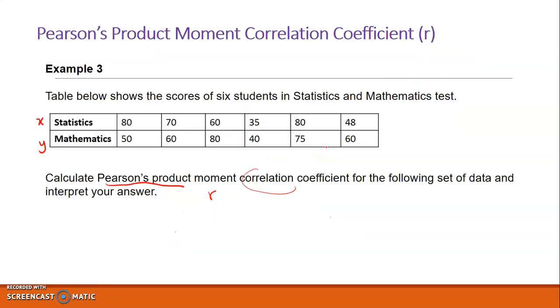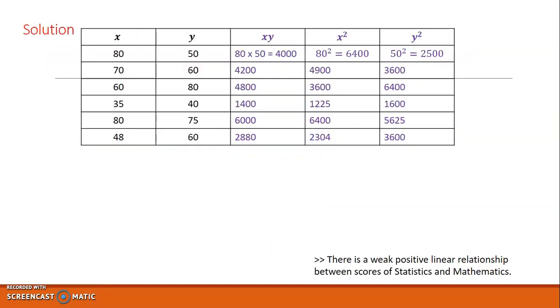From this table, this is the original table from your question, x and y. In your table, please add another column for xy, x square and y square. xy means x multiplied with y, for example, 80 multiplied with 50.